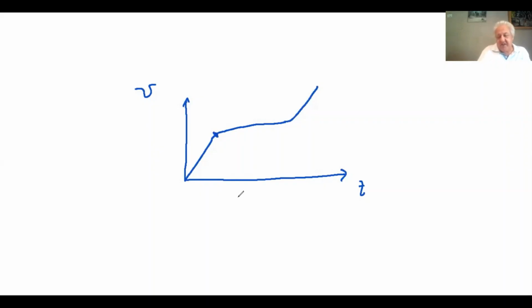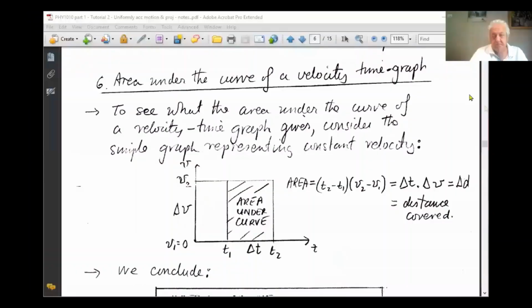So if you have a very large acceleration, you can, as an approximation, represent the change as a point. But understand that, strictly speaking, this means infinite acceleration and is impossible. But it can only be used as an approximation for large accelerations. Okay, with that in mind, let's go back to the notes.